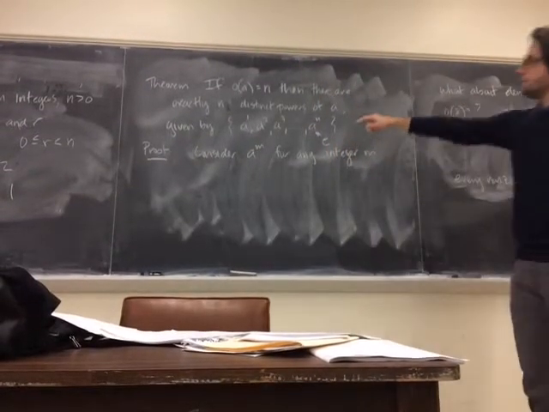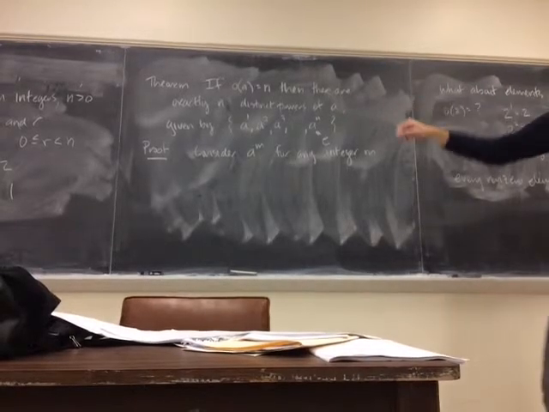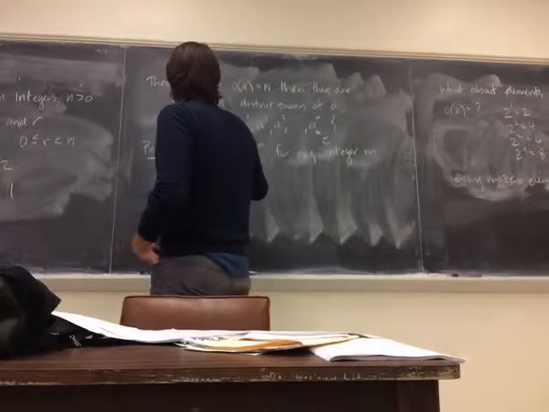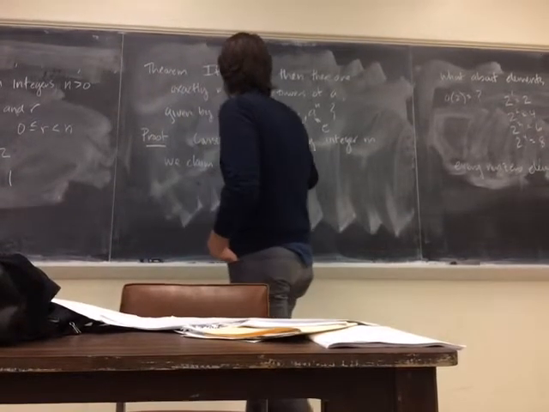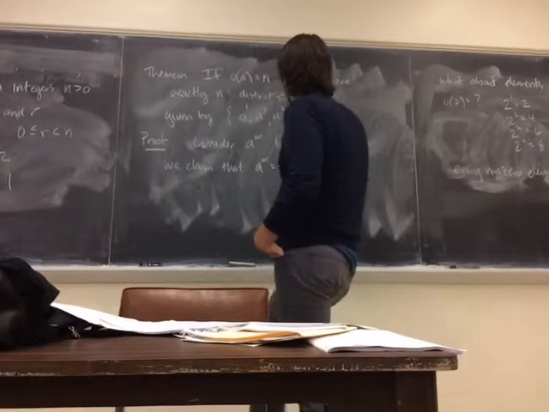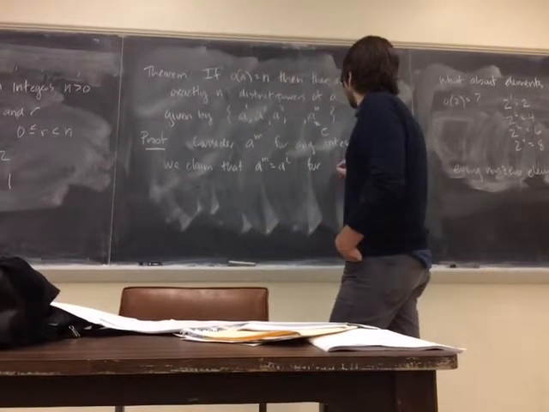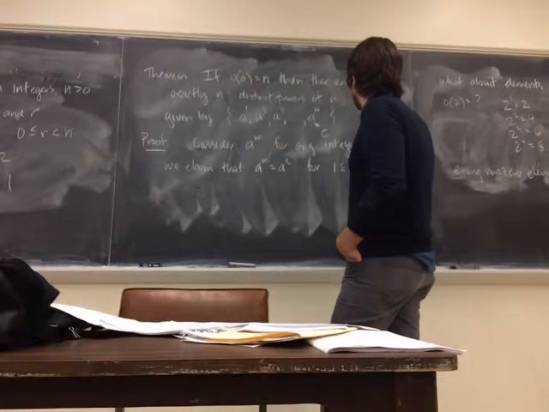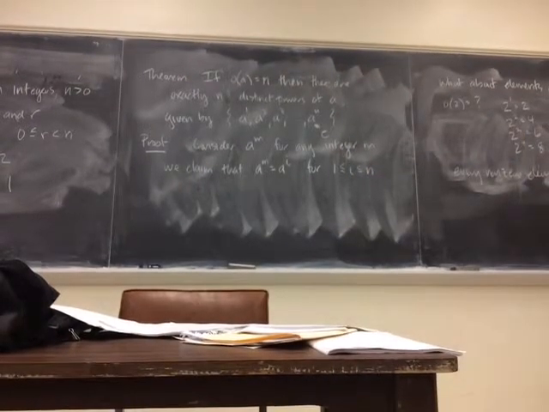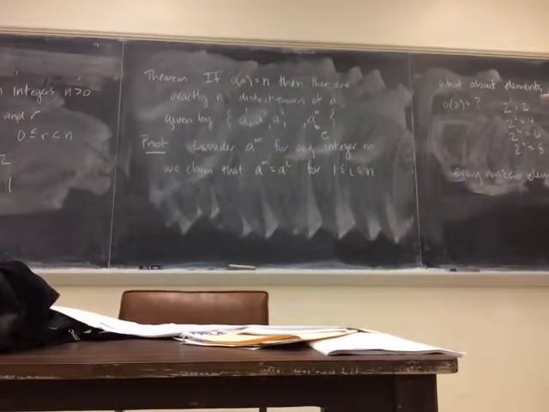I claim that it's actually one of these in the list. We claim that a to the m equals a to the i for some i with 1 less than or equal to i less than or equal to n. So it's already in this list that I've given you. You gave me a to the 6 million. I claim it's actually one of these.